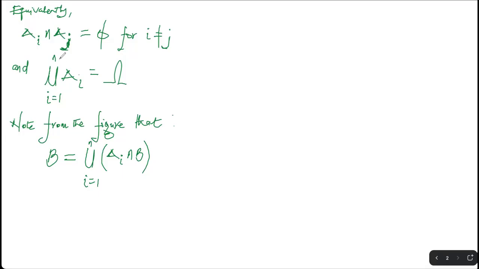Now, keep in mind, so I've written this already. Since the AIs are pairwise disjoint, meaning that if you take any two, let's say A1 intersection A2, it will give you an empty set. If you take A1 intersection, let's say A5, it will be empty. If you take A3 intersection A10, it will be empty, right? So they are pairwise disjoint.